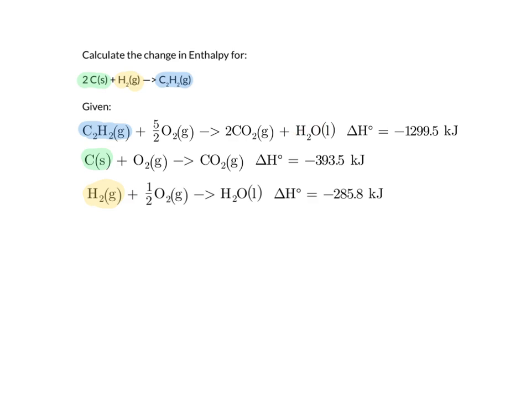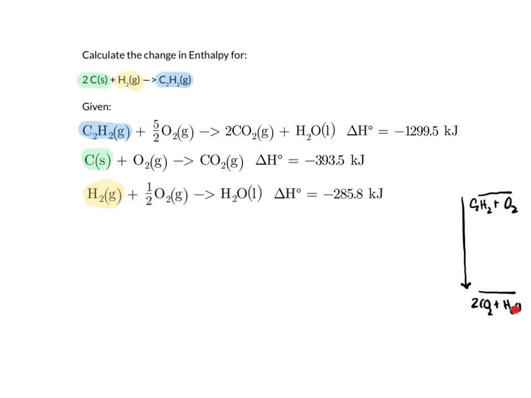Let's see what that would mean in terms of the enthalpy. If I start with my initial state being C2H2 plus oxygen, and I end up with a final state that has 2 CO2s plus a water, then this is the direction I'm going as the reaction is written: from reactants, the initial state, to products, the final state.